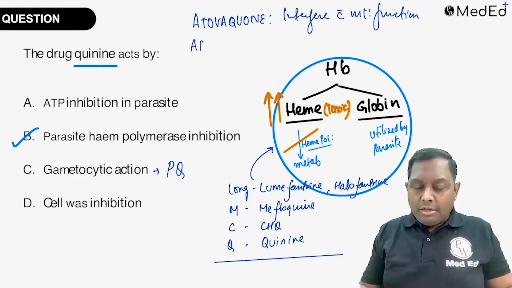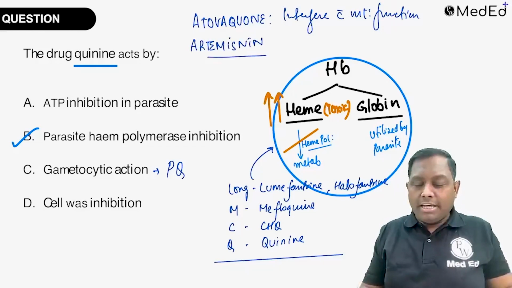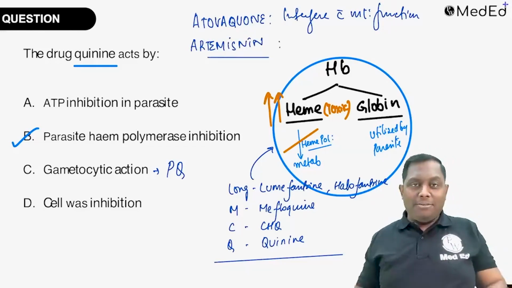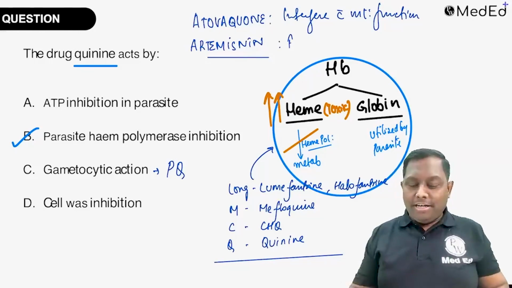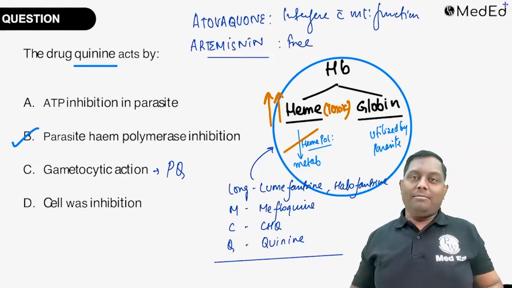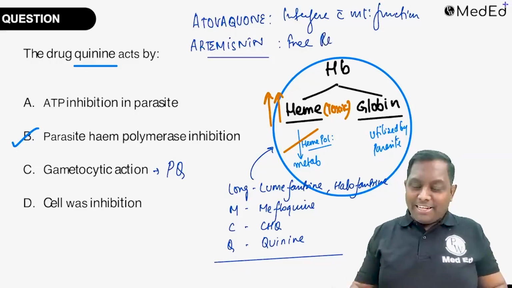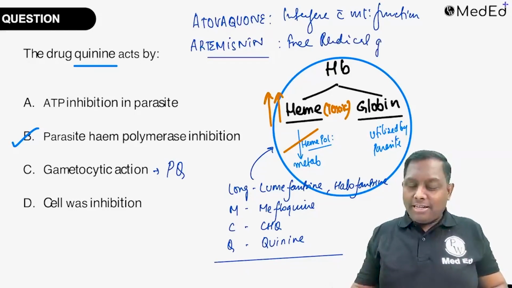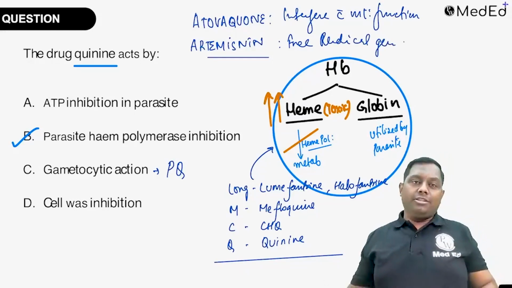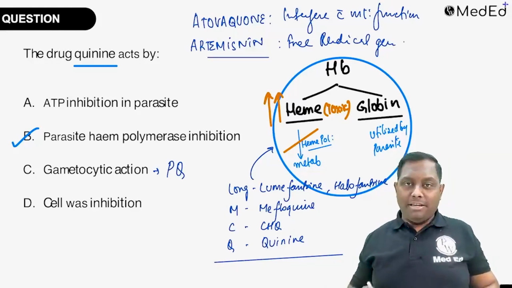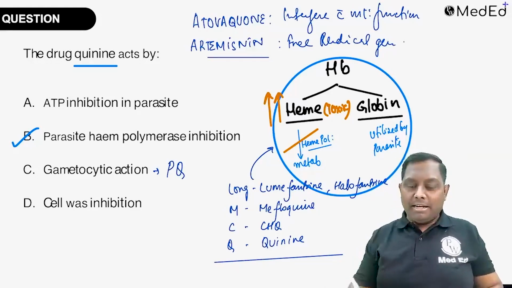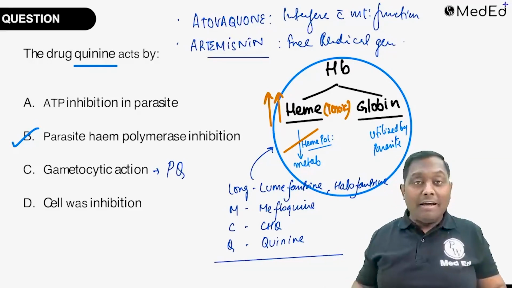And artemisinin group के जितने भी drug हैं, they are derived from the traditional Chinese medicine. So I used to say that Chinese are very, very free. And their freedom end up in causing COVID as well. So free radical generation, Chinese are free. So free radical generation, that will be again toxic for the parasites. So in this one, heme polymerase inhibitor and other anti-malarial ka important mechanism of action has also been discussed.